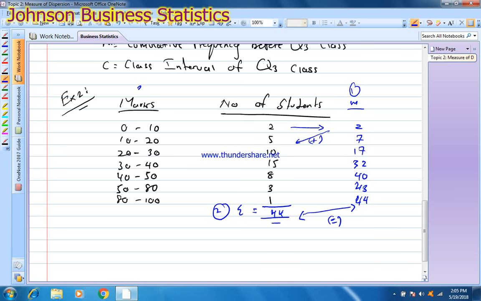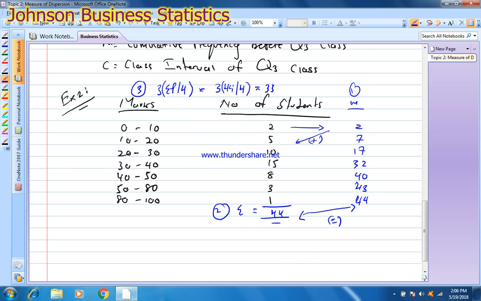And then number 3, you take the total F divided by 4, then times 3, so you take 44 divided by 4 times 3, you should get 33, correct?